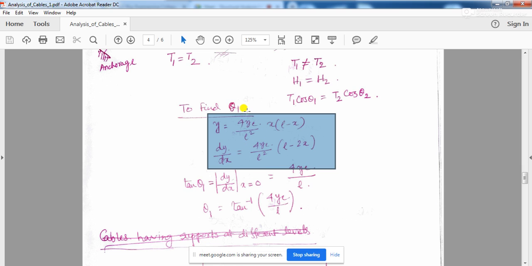Then you have Lx minus x squared. If you differentiate Lx, you get L, and x squared gives you minus twice x.